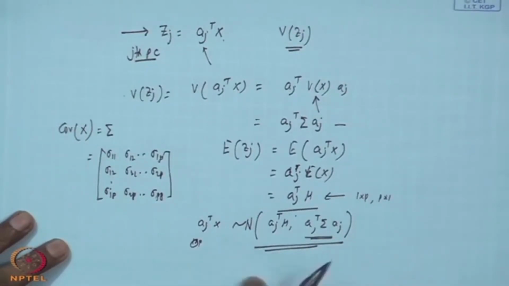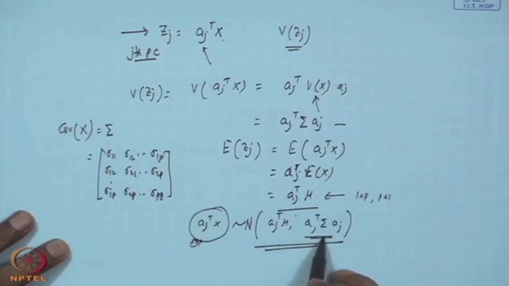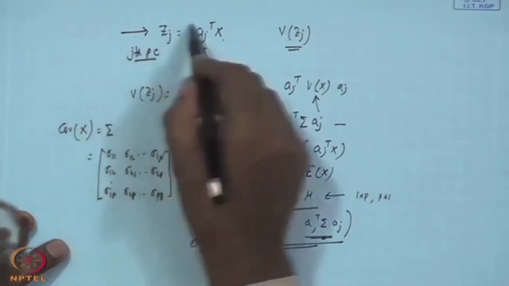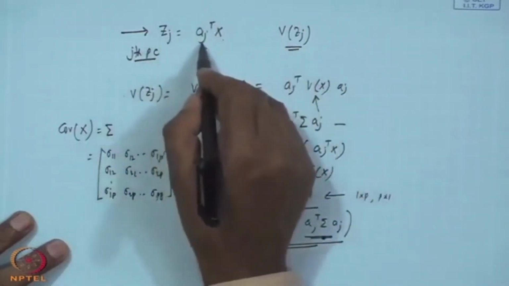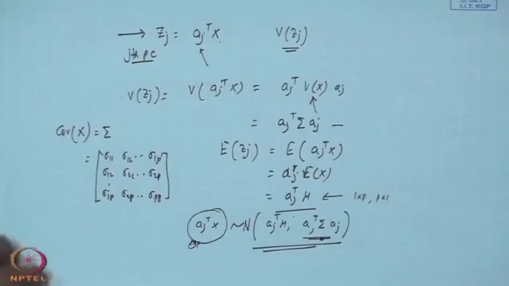So, this Aj transpose X gives you a univariate case, because it is a linear transformation of variable x. All the principal components are linear transformations, Aj transpose x.